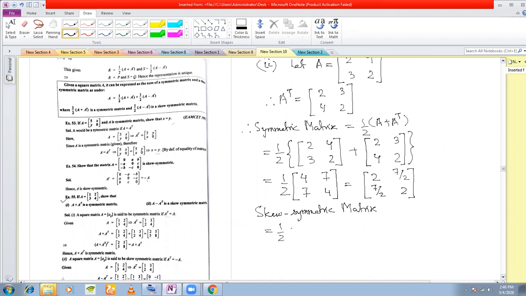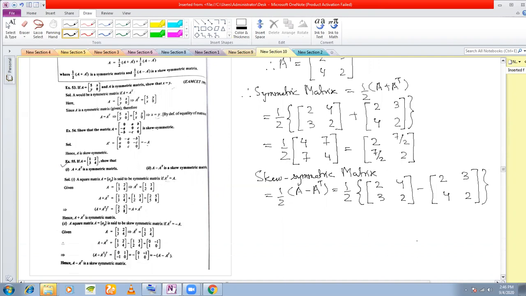Half A minus A transpose. So now take half of, subtract these two matrices. 2 minus 2 is 0. 4 minus 3 is 1. 3 minus 4 is minus 1.